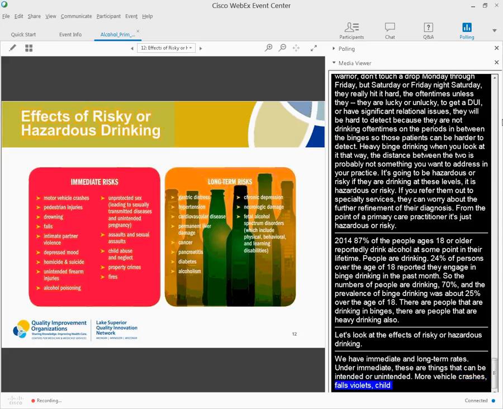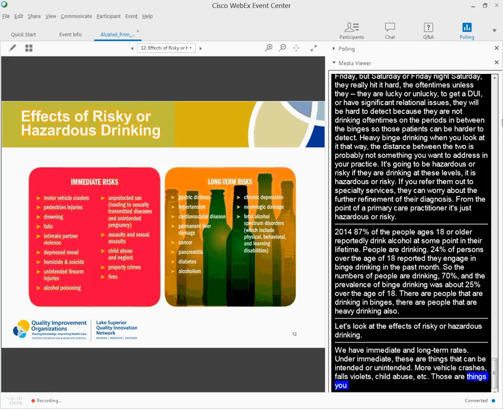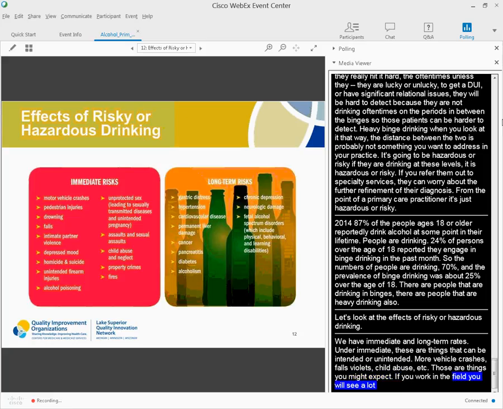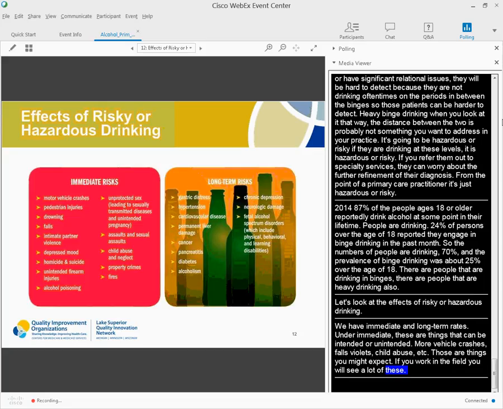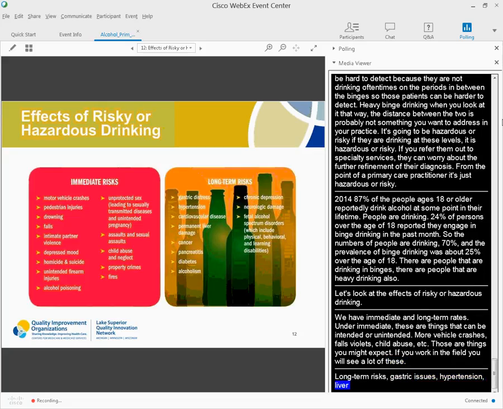Those are things you might expect. If you look in the field, you'll definitely see a lot of these in patients that come in for alcohol use disorders. Long-term risks: gastric issues, hypertension, liver damage, pancreatitis, the progression to alcoholism, neurologic damage, and the like.